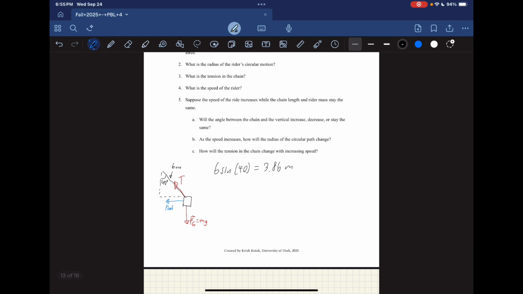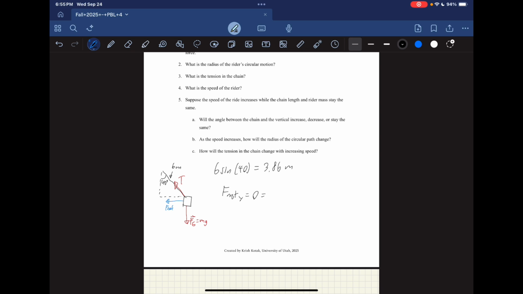So you can break the tension force up into two components, the x and the y direction. Since we know the force in the y direction from gravity, I'm going to use that one first, because right now we don't know anything about the x direction. So F net y has to equal 0, because it's not moving up and down. It's moving at a constant 40-degree angle.